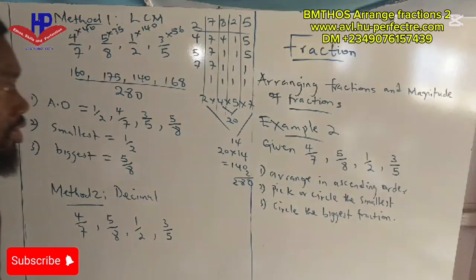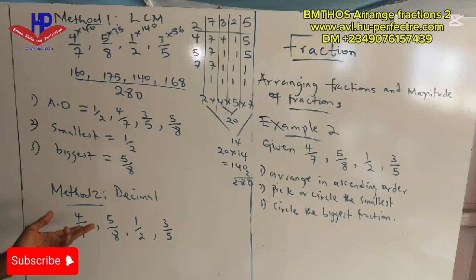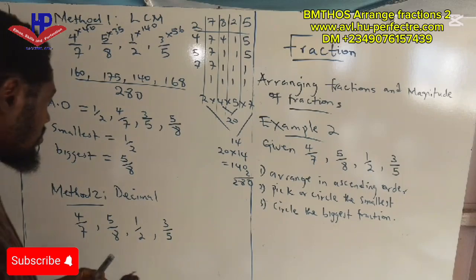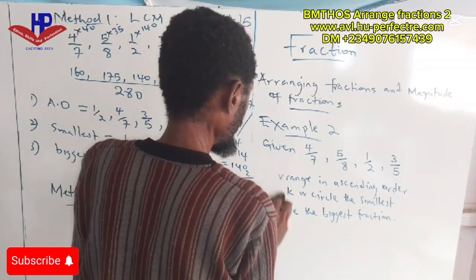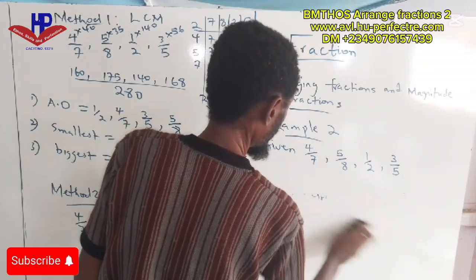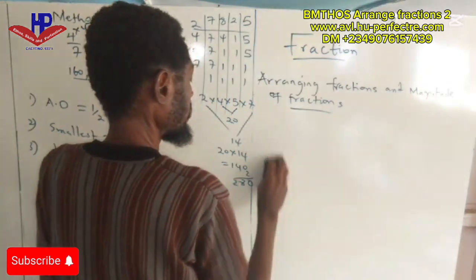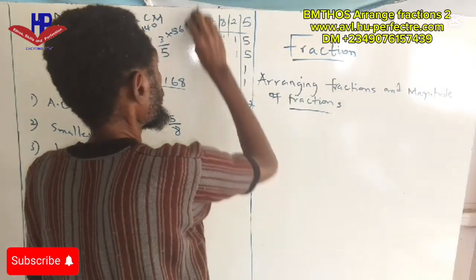We've already gotten our answers from the question given, but let's use method 2 to get the same answers. So let's work it out ourselves and see what we're going to get.